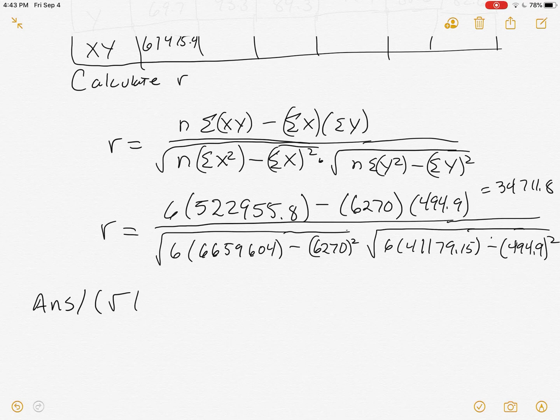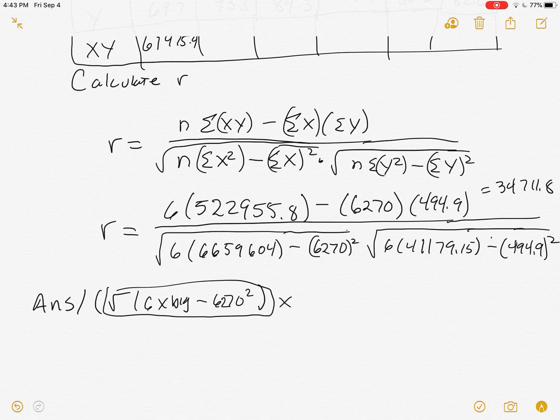I'm going to close the parenthesis, which is closing the square root, and then I'm going to hit times. So I typed in that 6 times the big number minus 6270 squared, and then I close the parenthesis, which closed this square root.